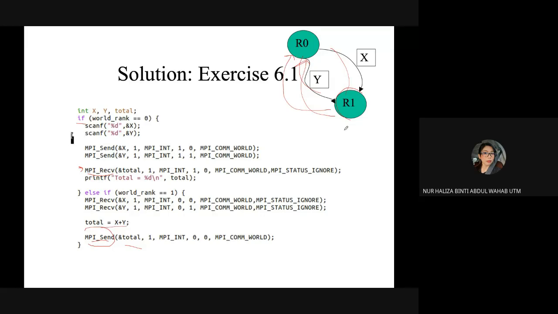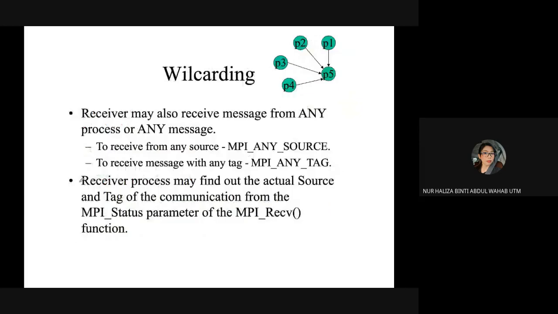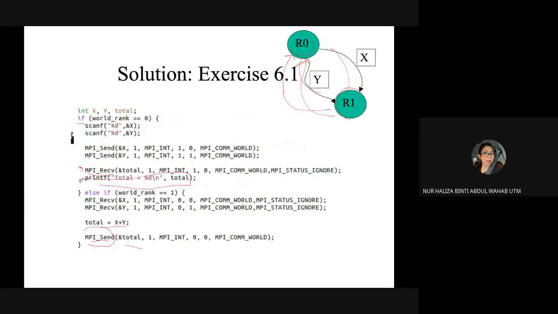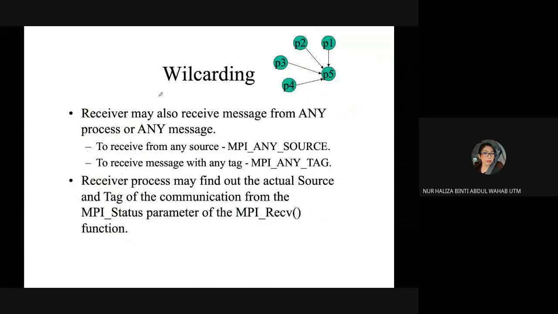So you're going to send the total to the R0, and R0 will receive and print it out as a total. So this is example of the source code. You can try it and see what is the output that you will receive.